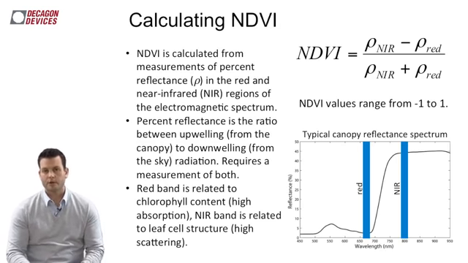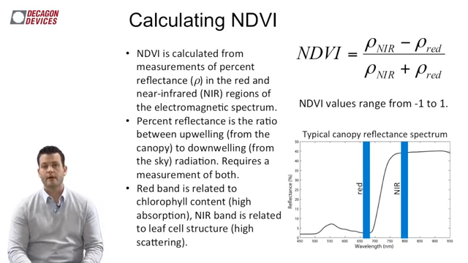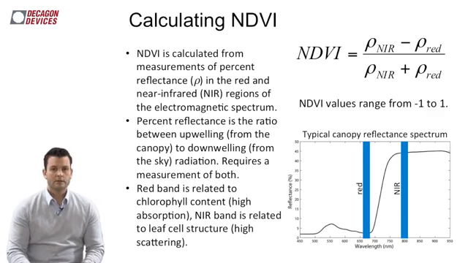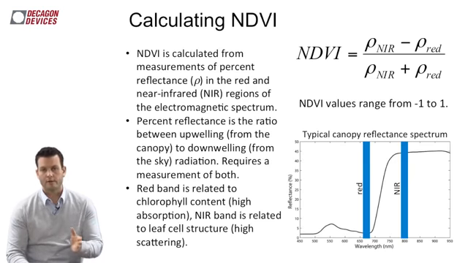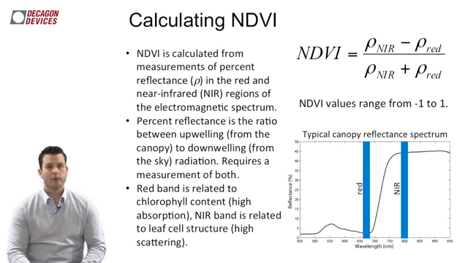It's just focused on two very specific regions of the spectrum, particularly the near-infrared, or NIR. People tend to focus right around 800 nanometers for that measurement. And then it's combined with reflectance in the red region, which typically is right around 650 to 700 nanometers. Somewhere in there is where we want our wave band centered.